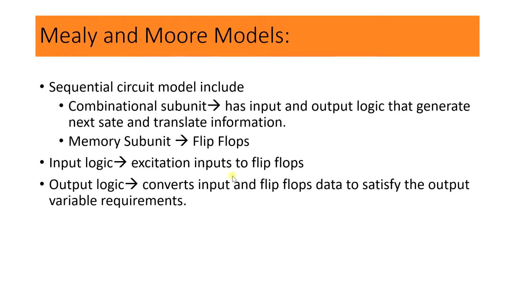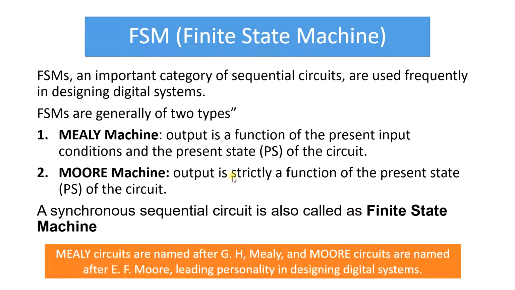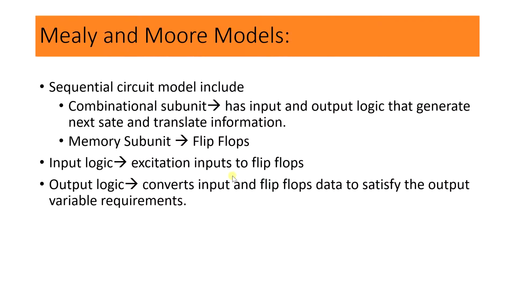Now, coming to the Mealy and the Moore models, I have already mentioned that FSMs are an important category of sequential circuits, so they are used frequently in designing digital systems. A sequential model includes combinational and memory subunits.